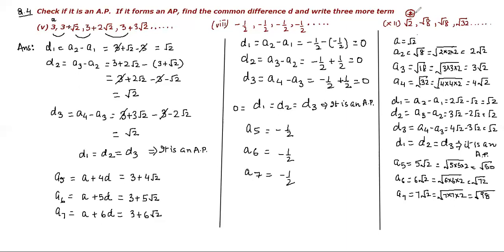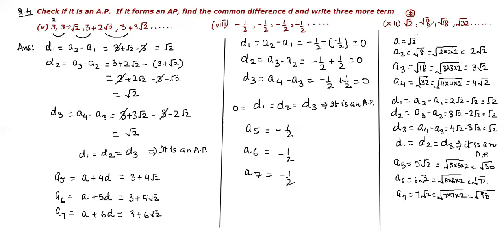Now one very, very tricky question of the exercise, the last question of this video. Children, you have to check whether square root 2, then square root 8, then square root 18, then square root 32 are making an AP or not. So A is the first term of the AP and which is given equal to square root 2.